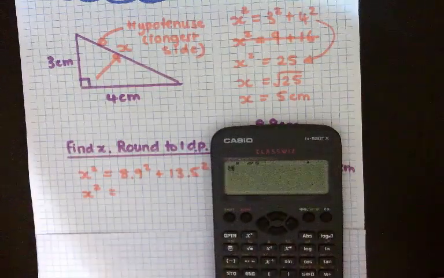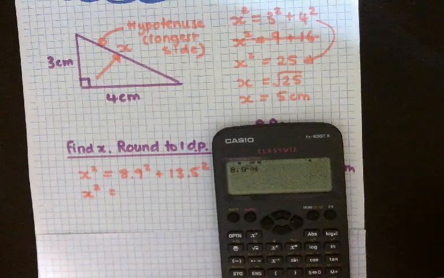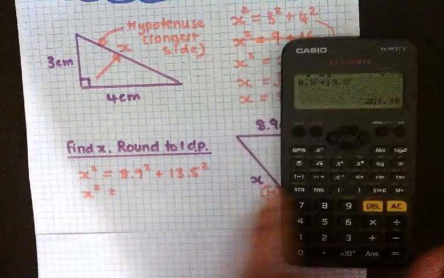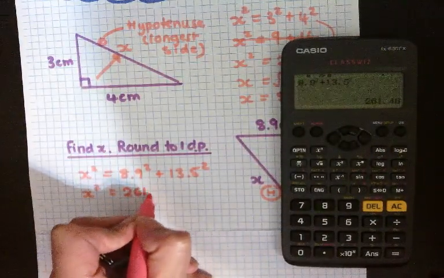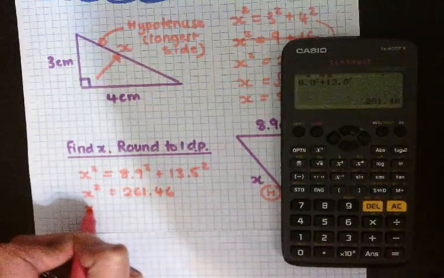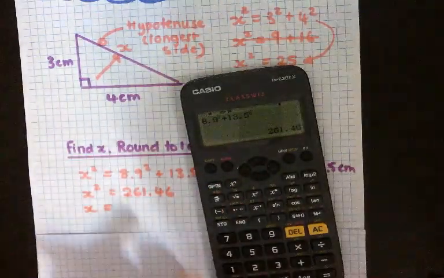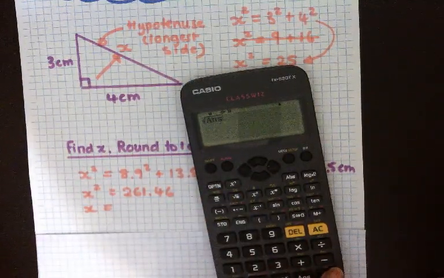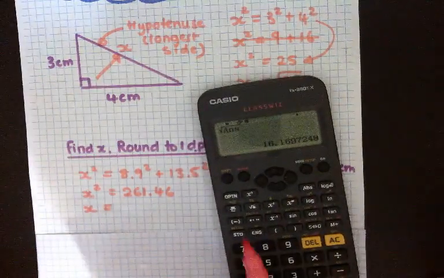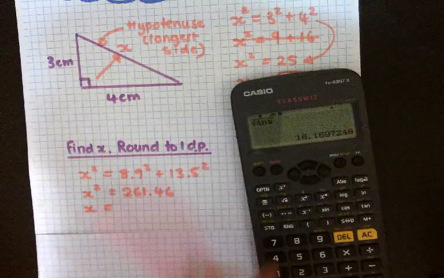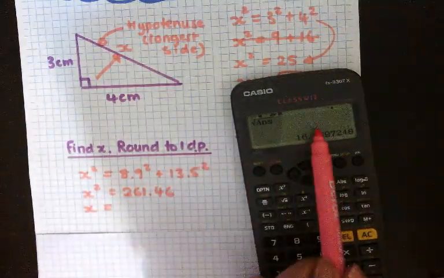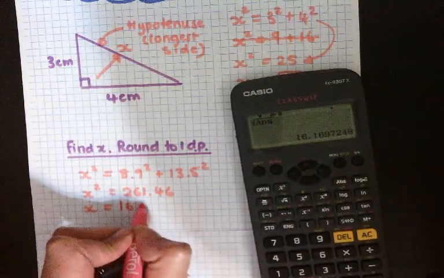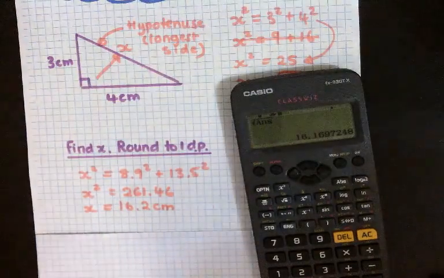So 8.9 squared plus 13.5 squared equals 261.46, and I'm just going to square root it straight away. So square root of the answer equals, rounding that up to 1 decimal, so the question's asking for 1 decimal. So the 1, 6 pushes the 1 up to a 2, so that's 16.2 centimetres to 1 decimal place.